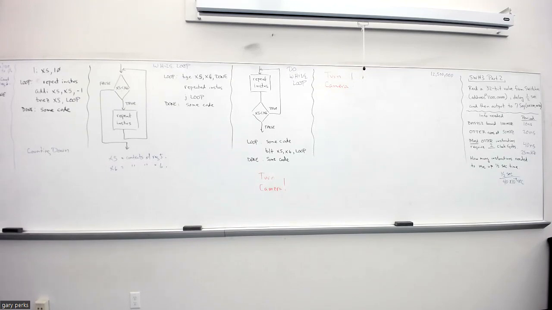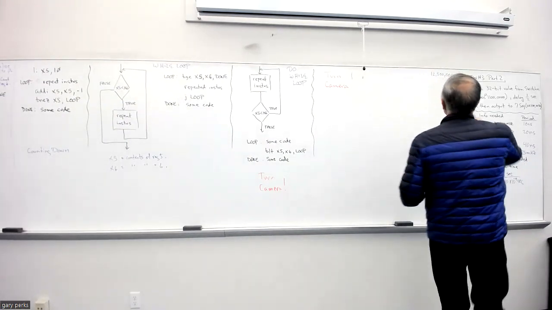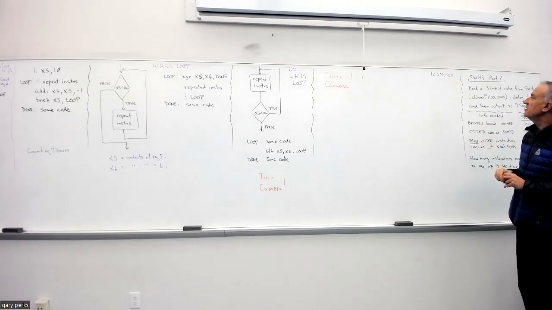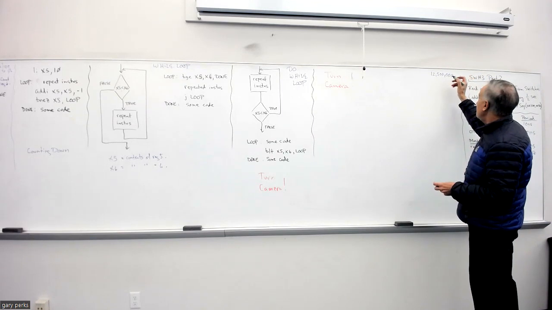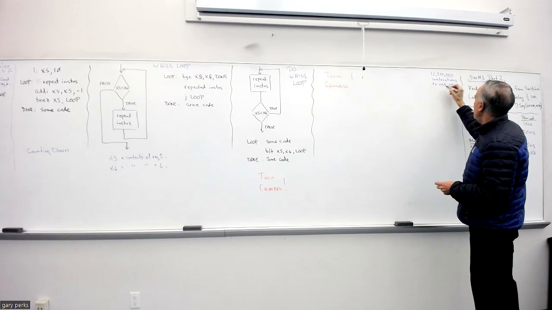I don't know why I thought it was less than that. That's right. So it takes 12.5 million instructions to use up half a second of processing.